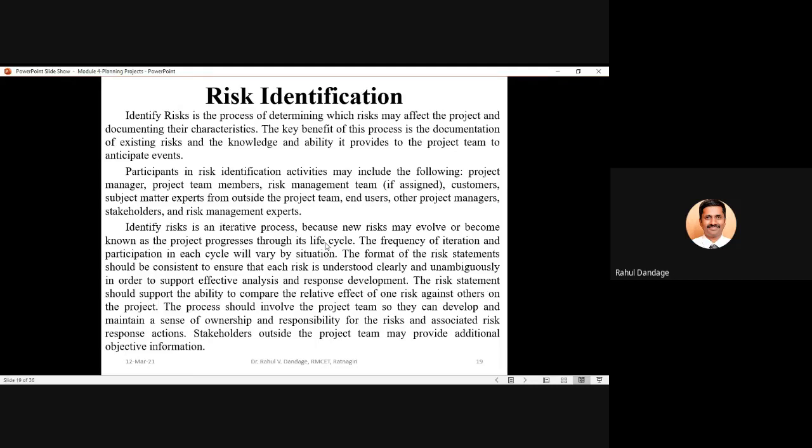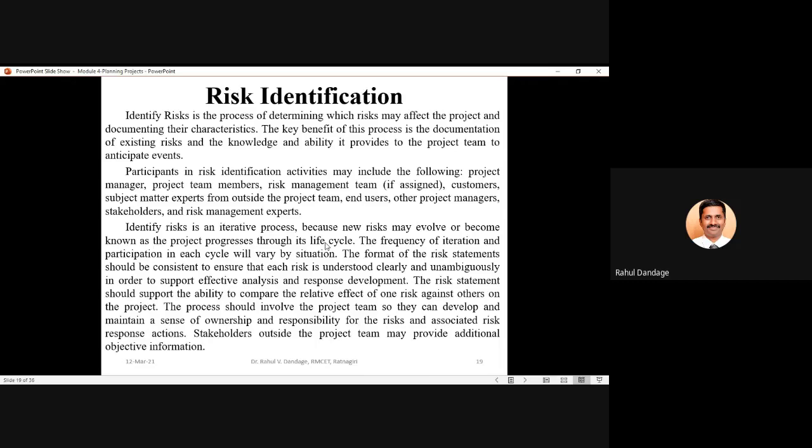Participants in risk identification activities may include the project manager, project team members, and the risk management team, if you have prepared a separate risk management team in your organization. The customers will also be involved. Some subject matter experts outside the project team may also be involved.